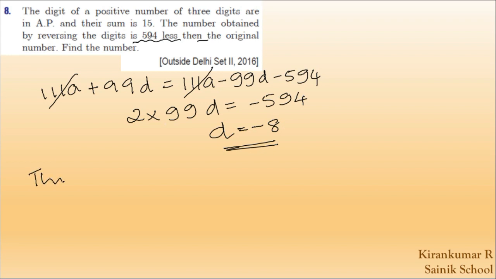Therefore, the number is 111a minus 99d, which is equal to 111 multiplied to the first term. How do we find the first term here? The common difference has to be minus 3.